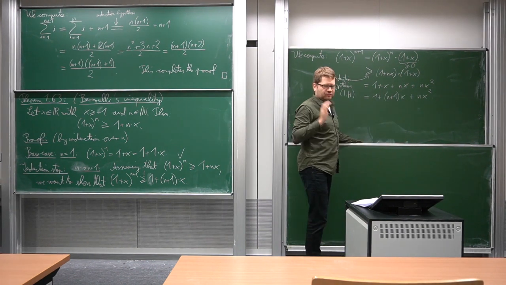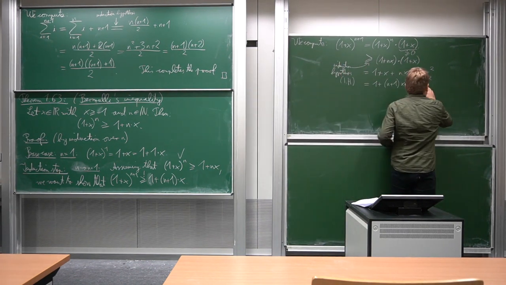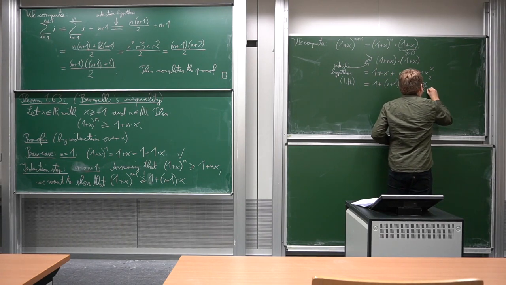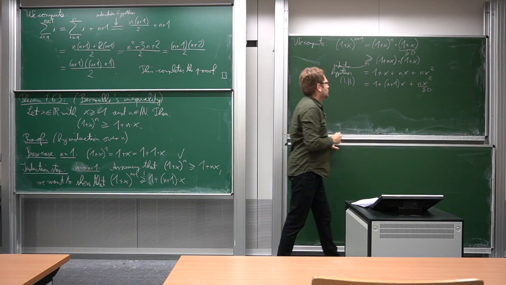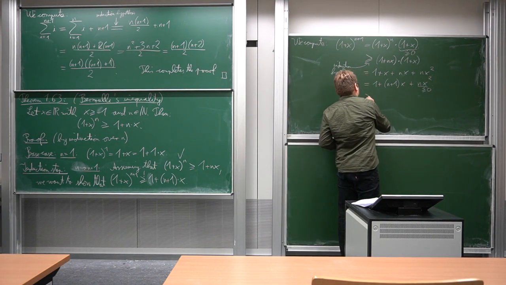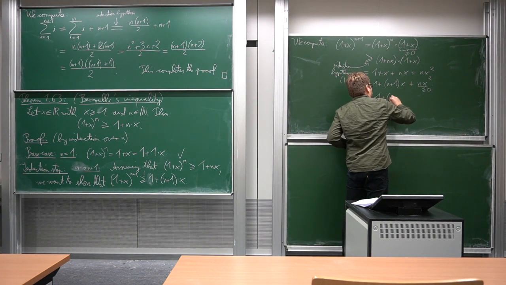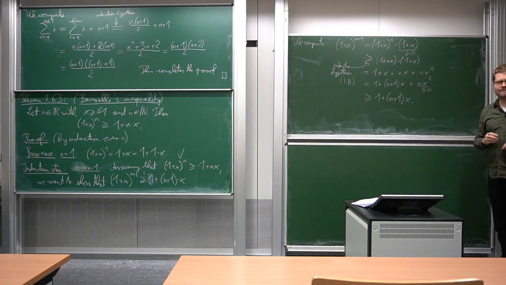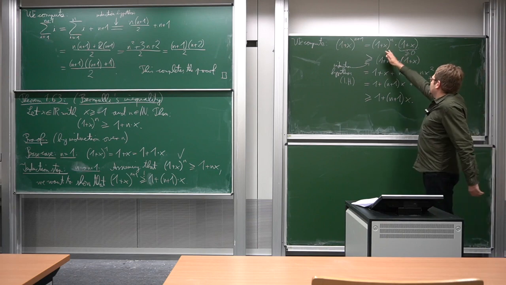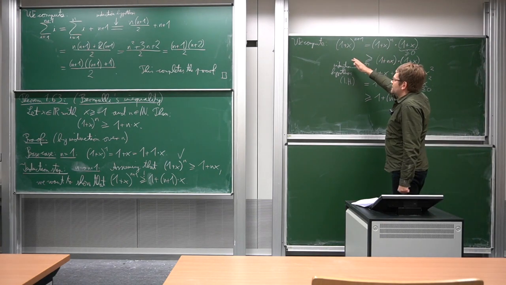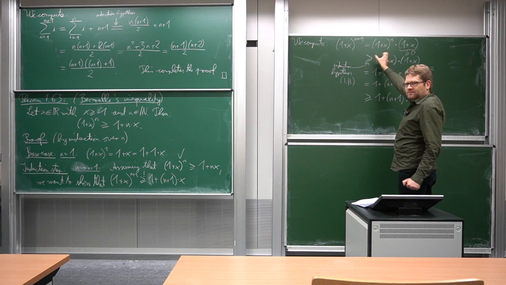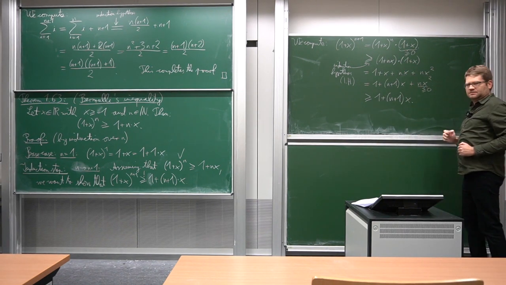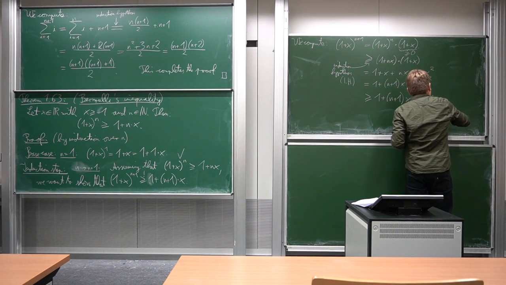But we know, since this is a square of a real number, this is again non-negative, and multiplying with a natural number doesn't change this, so this is bigger than or equal to 0, which then means we can again estimate this by saying this is bigger than or equal to 1 plus n plus 1 times x. And hooray, this is what we wanted to show. Okay, so we again found a way of writing the left-hand side in such a way that we can directly insert the induction hypothesis and then took it from there and compute it until we get this result here. So yeah, this shows the claim.